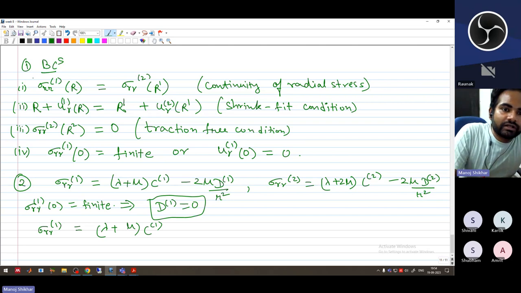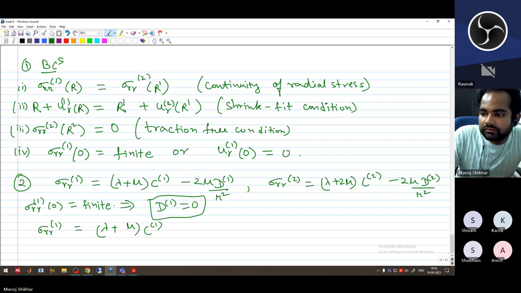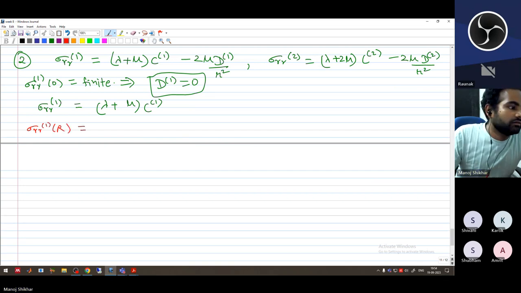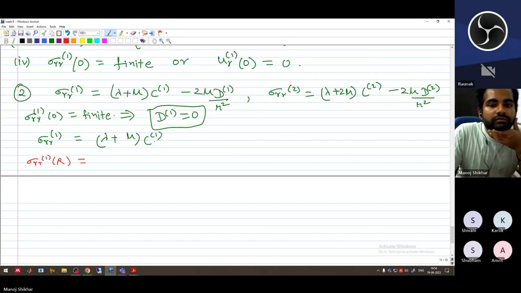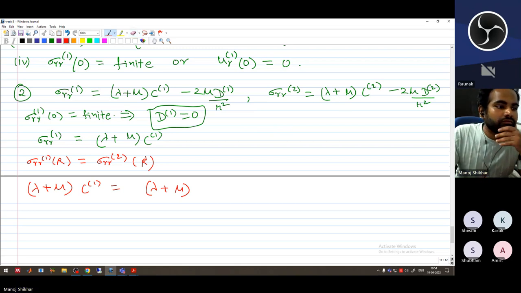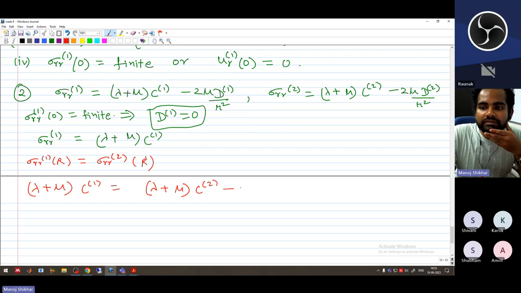Now we apply the first boundary condition. Sigma RR1 at capital R is equal to sigma RR2 at R1. So from here we will have lambda plus mu into C1 equal to lambda plus 2 mu into C2 minus 2 mu D2 by R1 squared.